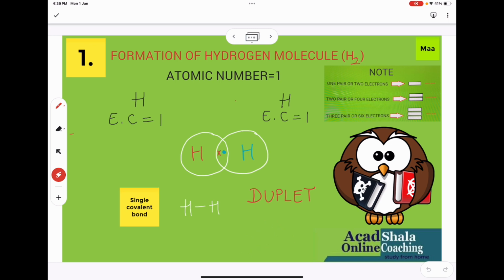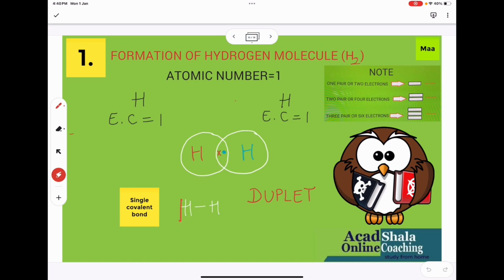So after they form the stable gas configuration, they are very, very happy. So what they do? They say, okay, we have shared the electrons, and in the beginning, children, I told you that if it is 1 pair or 2 electrons, it will form single covalent bond. So they show the single bond over here because they have 2 electrons or 1 pair in this sharing part.